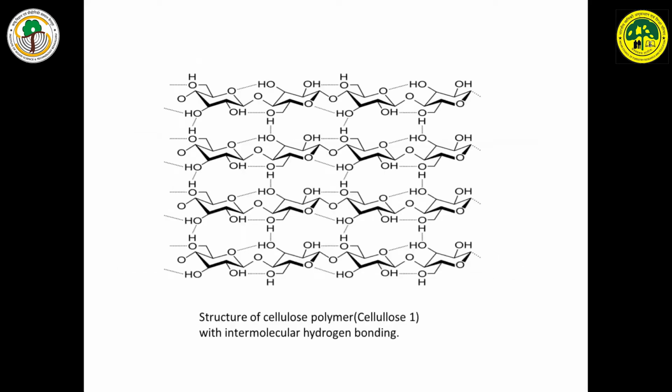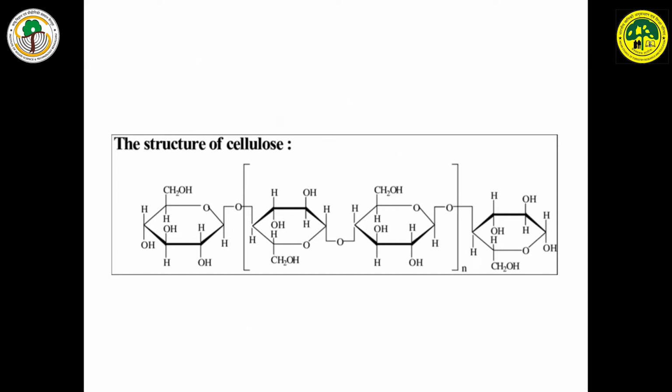This is the structural representation of the cellulose polymer. What is represented here is the chair conformation of beta glucose units. Before, the rings present were also glucose units, but these are called glucopyranose units.